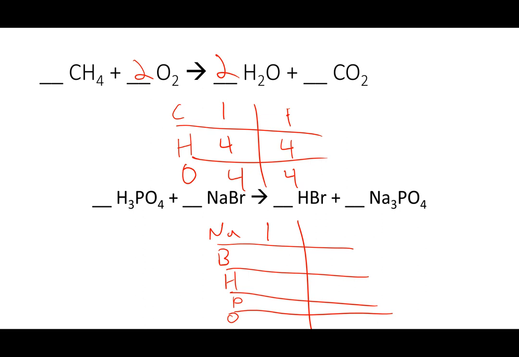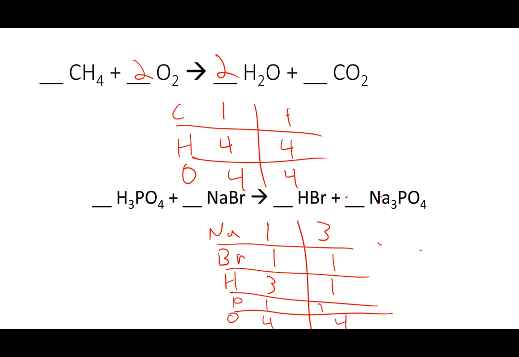Well, I've got 1 Na, I've got 1 Br, I've got 3 H's, 1 P, and 4 O's. What do I have on the right-hand side? Well, I've got 3 Na's, 1 Br, I've got 1 H, 1 P, and 4 O's.